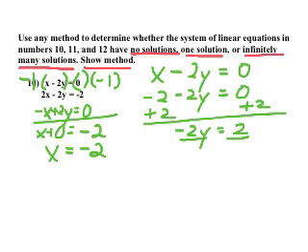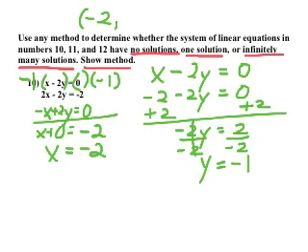Divide by negative 2. And y equals a negative 1. Okay, so our ordered pair, which I'll put up here on top, is (-2, -1). But I'm not happy until I try it in my second equation, make sure it works.